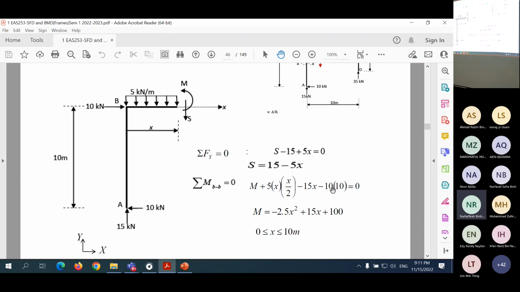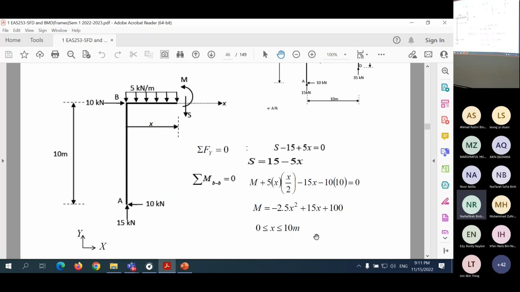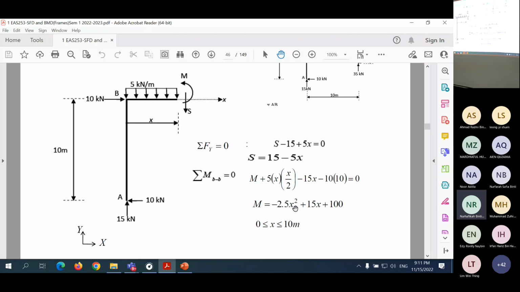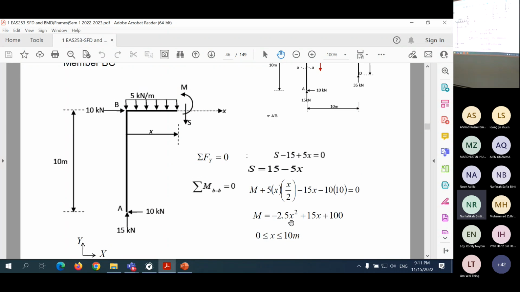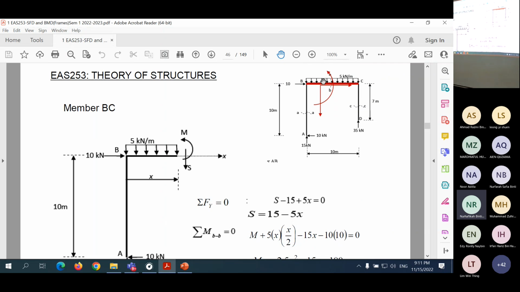So you have negative 10 multiplied with 10. If you simplify it, you get M is equal to negative 2.5x squared plus 15x plus 100. So shear is x, then bending moment will be x squared here. And again, x is from 0 to 10 because it's for this member.